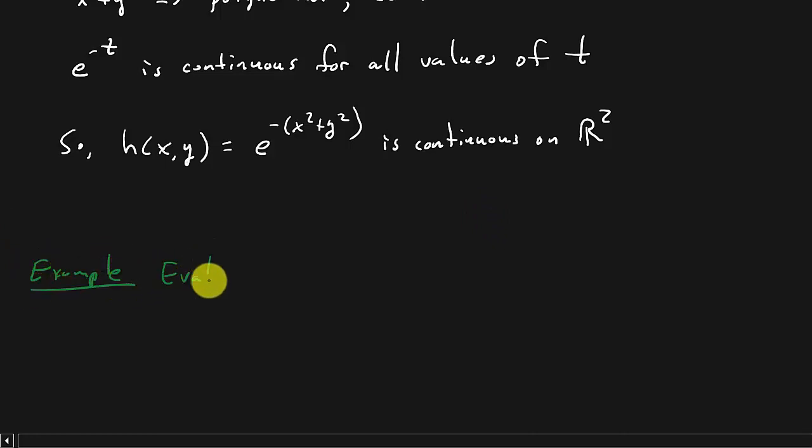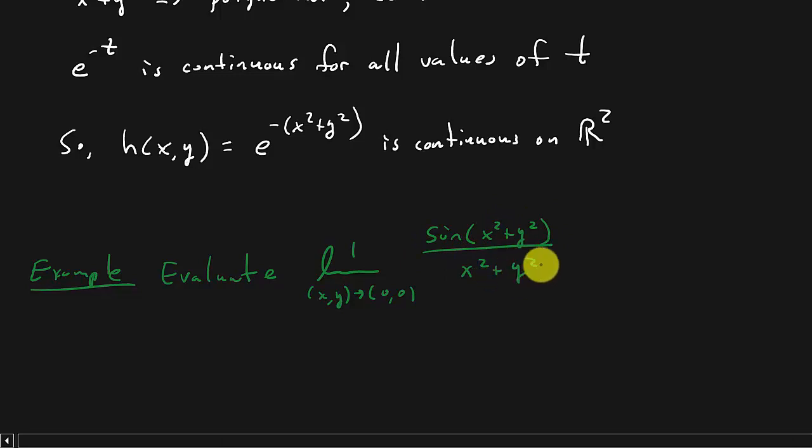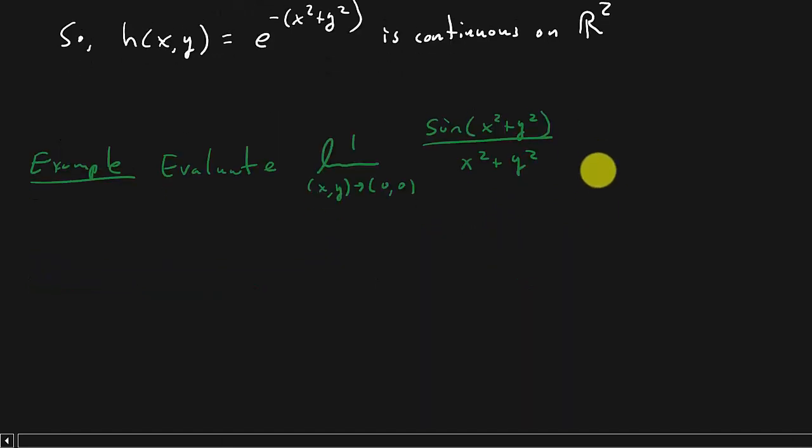So we want to evaluate the limit as (x, y) goes to (0, 0) of sine of (x squared plus y squared) over (x squared plus y squared). Okay.